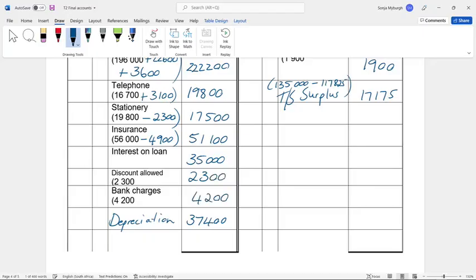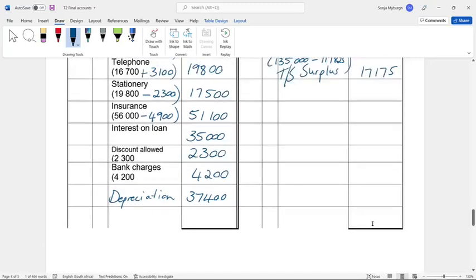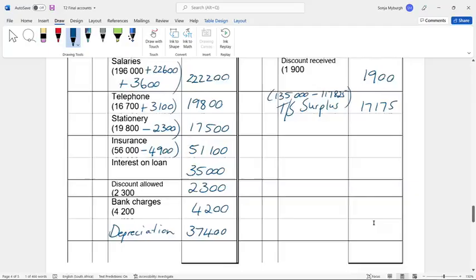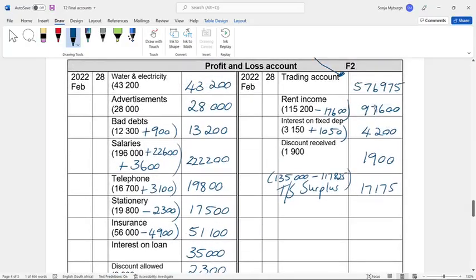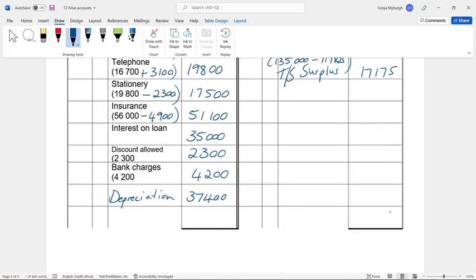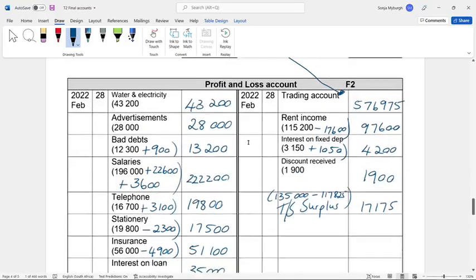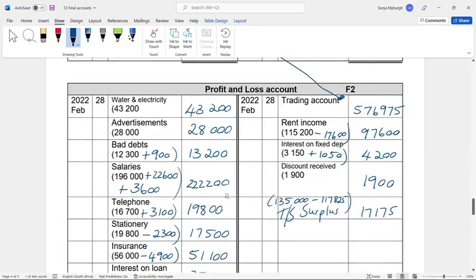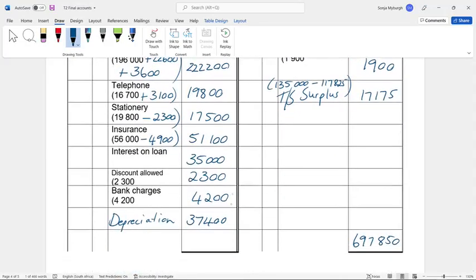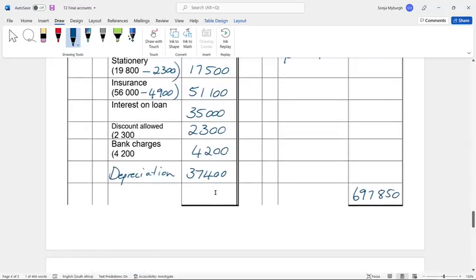Now we need to calculate the net profit. Gross profit plus all my income accounts will give me a total 697,850 minus all my expenses. If I subtract all the expenses, then I will get the, sorry, there's a line missing here.